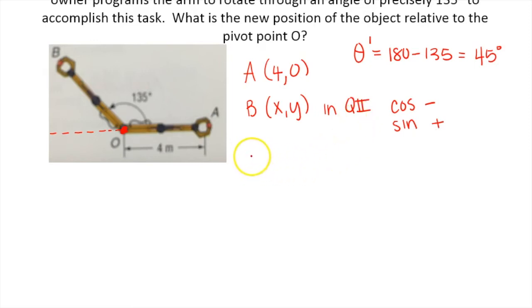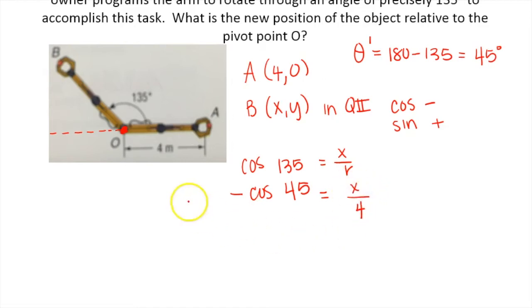So in order to find the cosine of 135, we're looking at the negative cosine of this reference angle. So negative cosine of 45. If cosine is x over r, then the negative cosine of 45 is going to be x over 4, because that was the distance that it had moved from the origin.